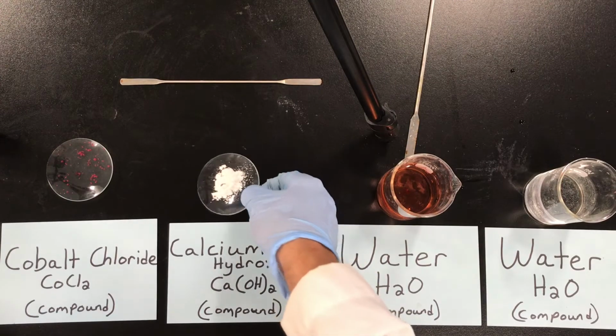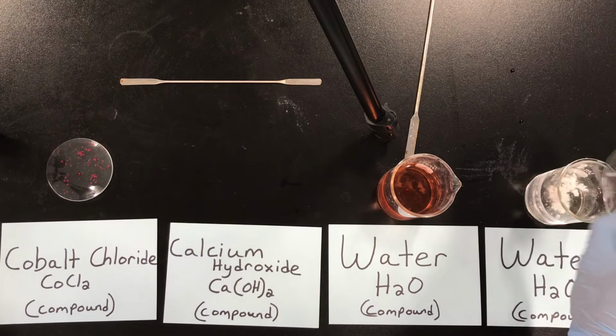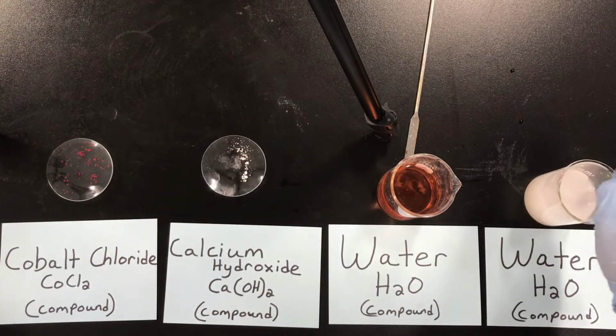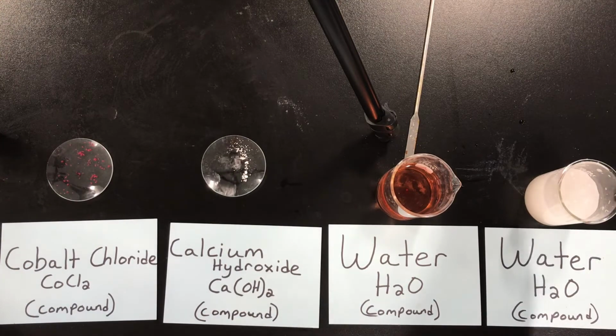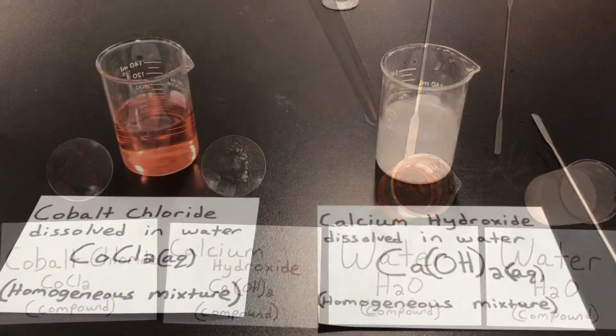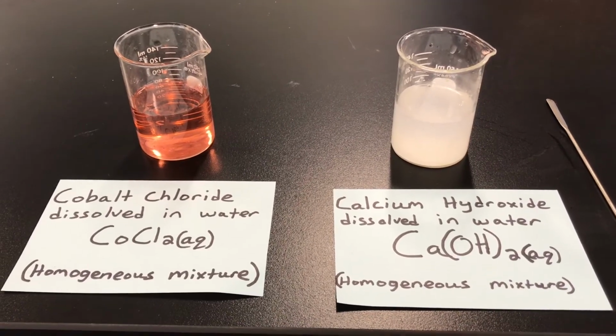We could also take the calcium hydroxide and put it in water. And we get a white liquidy mixture. What we have now are 2 homogeneous mixtures.